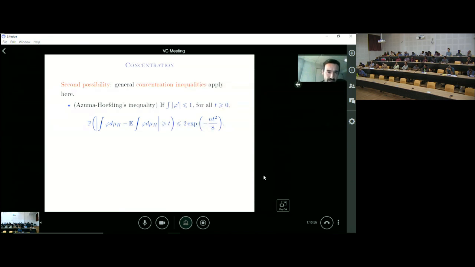What you obtain is that for any test function with total variation norm, the integral of the absolute value of the derivative, at most 1, the integral of the spectral measure is exponentially unlikely to deviate from its mean, with a parameter like n t squared. Of course, this will give you the concentration that you are looking for.